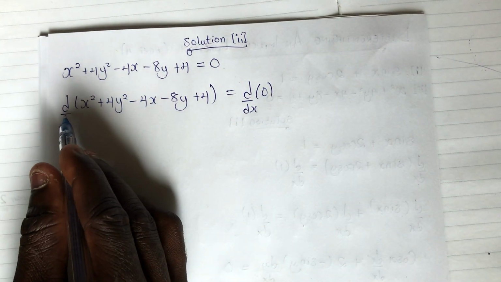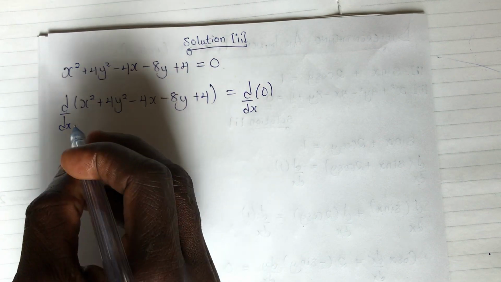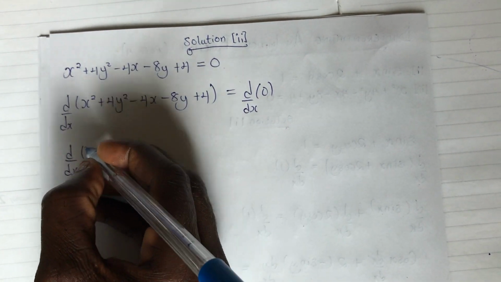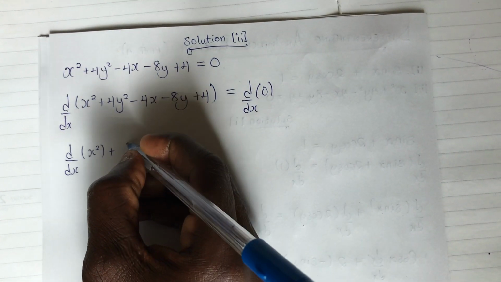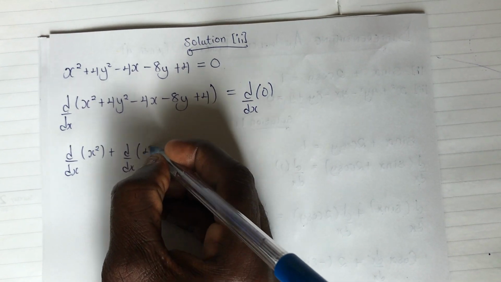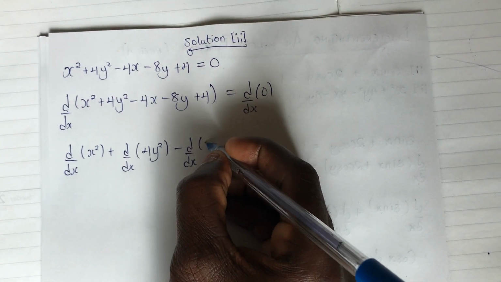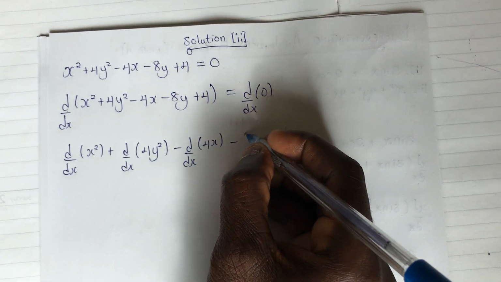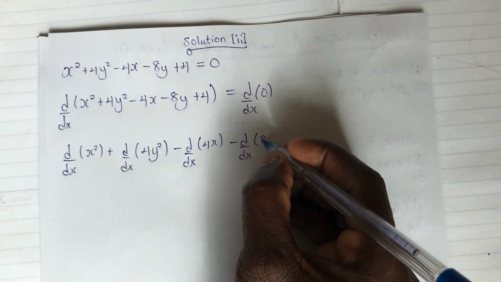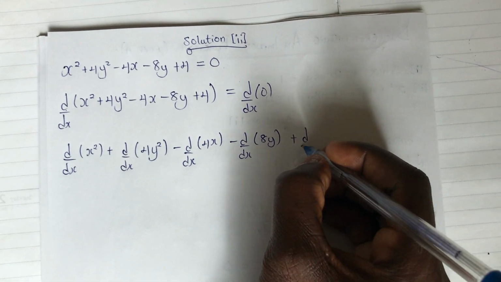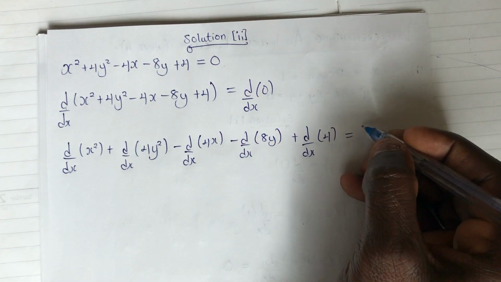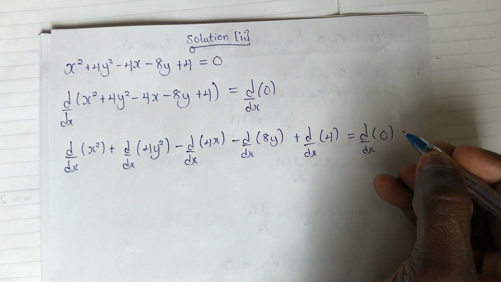In our next step, use the derivative to multiply each term. So I have d/dx of x squared plus d/dx of 4y squared minus d/dx of 4x minus d/dx of 8y plus d/dx of 4 equals d/dx of 0.